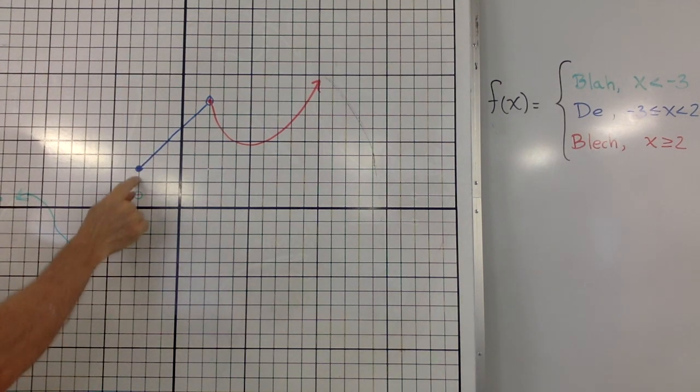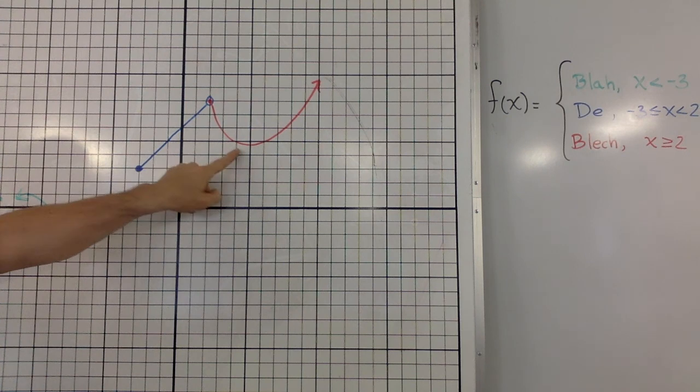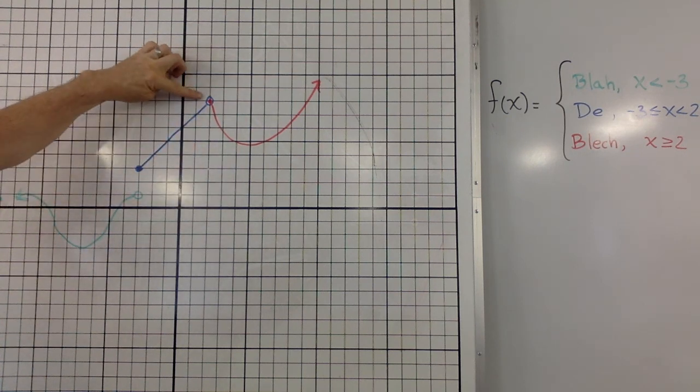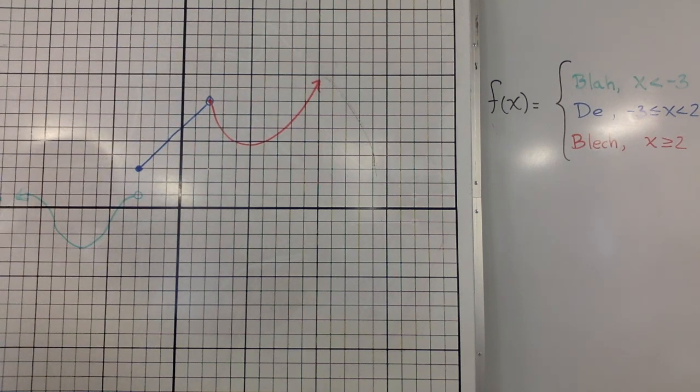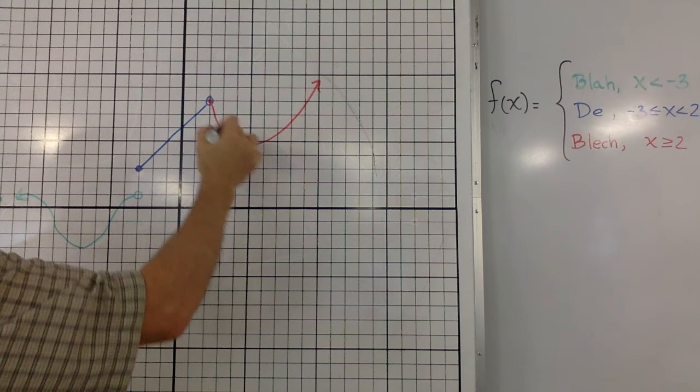Do they actually look continuous here, or is there a break or a jump discontinuity? Well, it turns out they're not continuous. So the continuity would be from negative infinity to negative 3, not including it. But then you look at the next 2 functions and you realize where one function ends, the other one picks up and begins. It doesn't look very smooth, but perfectly honestly, this is continuous.